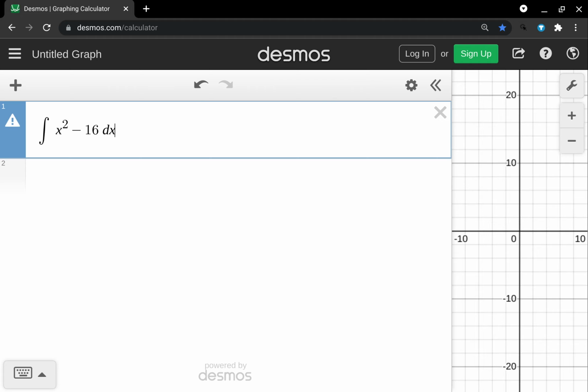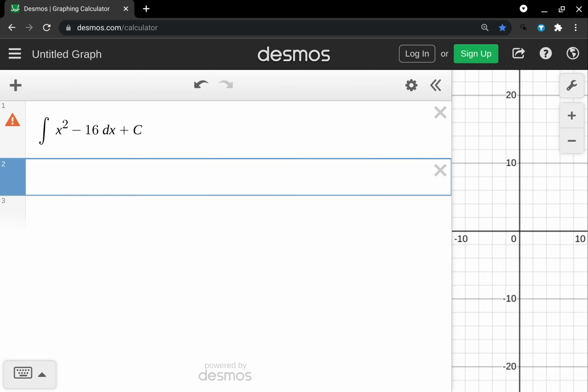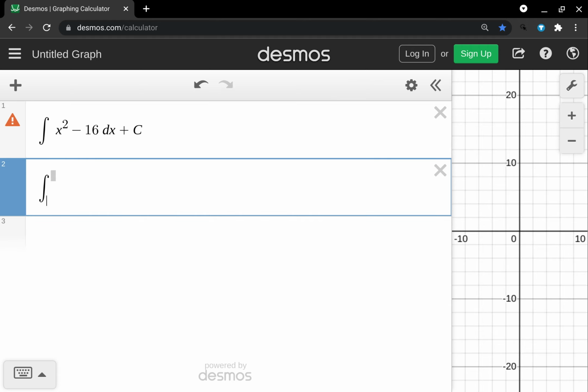I want to take the integral of this. Remember to add the dx on the end, the plus c, to just remember that there's always going to be something afterwards. Now what we can do is use that sum and difference rule, take the integral of each one, minus, that sign stays there, 16 dx plus c.